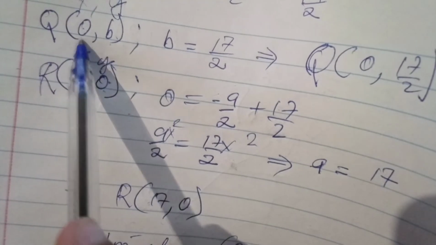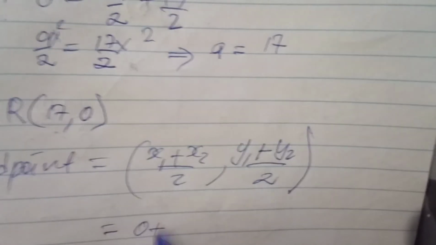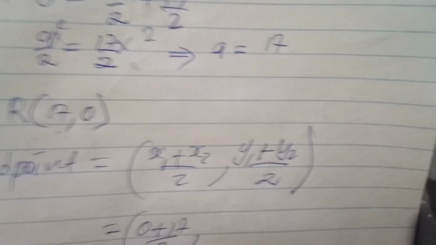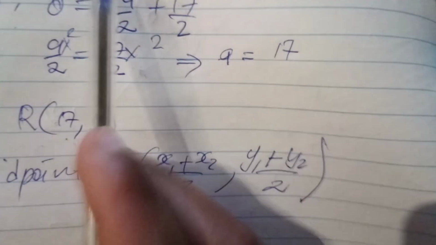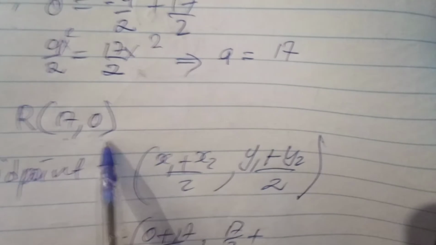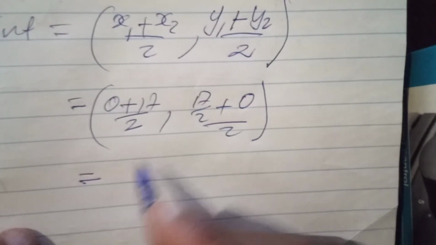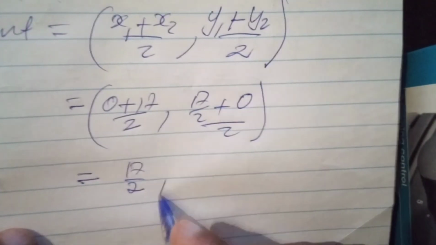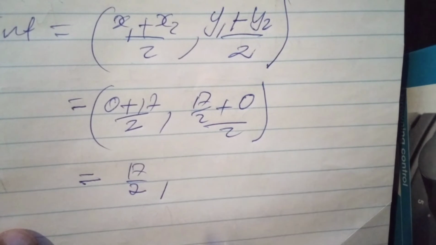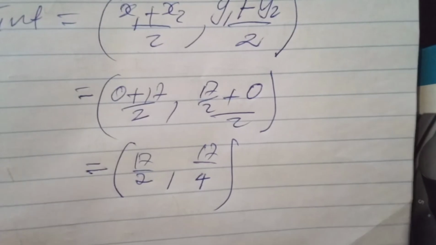Now we take this one to be x1 and this one to be x2, so we have (0 + 17)/2, comma. We take the other one, y1, which is 17/2, and y2, which is 0, over 2. So this will be 17/2, and the y part is 17/2 divided by 2, which is 17/4. So this will be the midpoint of QR.